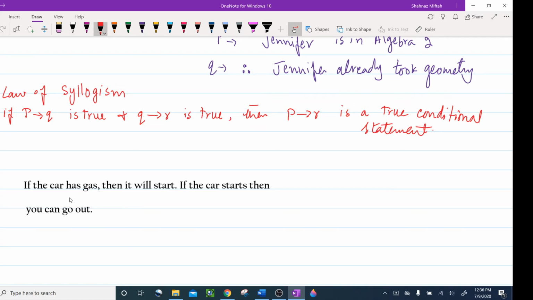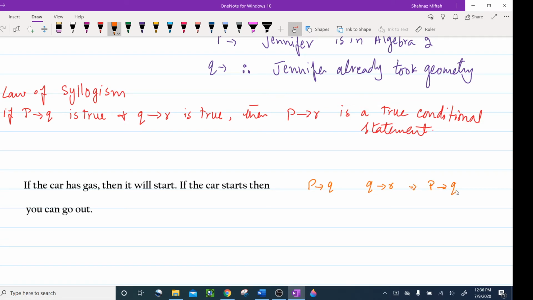Now the example that I have is really simple. If you pay attention, for the law of syllogism, the easiest way is to make sure that you remember the notations. The notations are: if P then Q, then the conclusion leads to another, R. And P and R, the hypothesis of the first one and the conclusion of the second one, are supposed to be true.